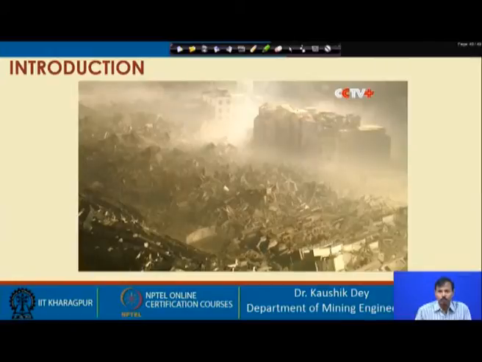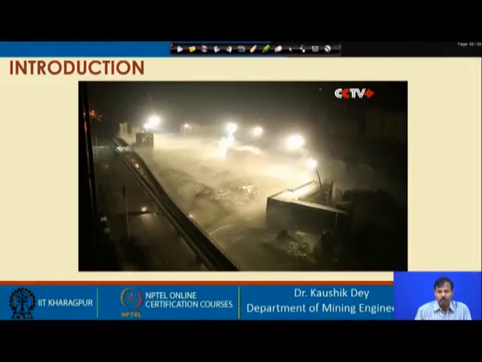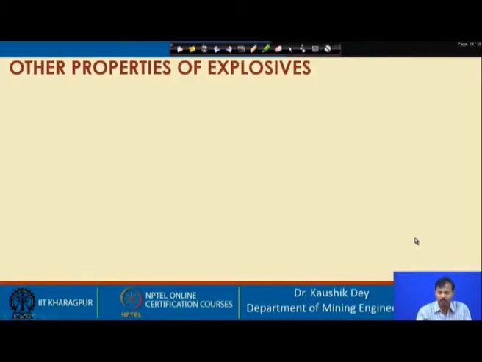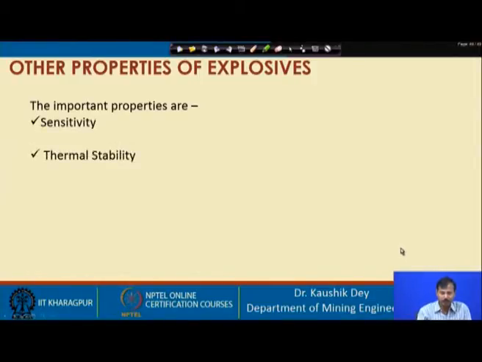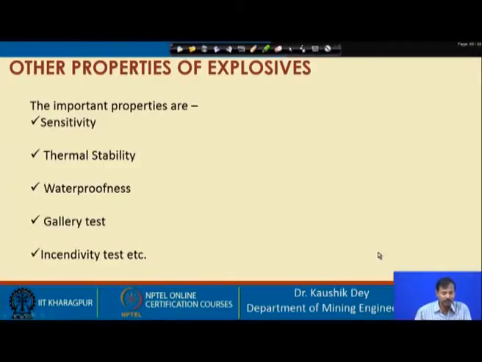So, blasting is a good tool which can be used not only for excavation of rock, but also significantly for demolition, as you can see from this video. But for all this we should understand the different properties. So, the other important properties, except the density, VOD and strength parameters of the explosive, are the sensitivity, thermal stability, waterproofness, gallery test and incentivity test.